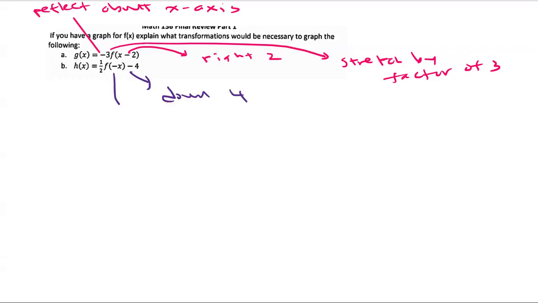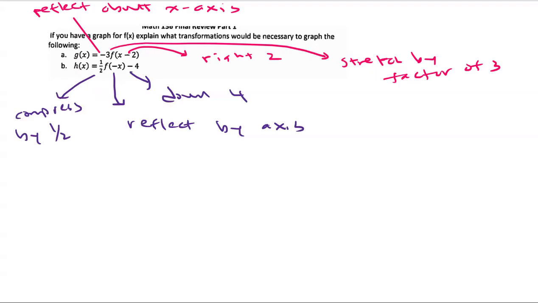The minus x tells us that it's going to reflect about the y-axis. And then the 1/2 is going to compress it. Compress by a half.